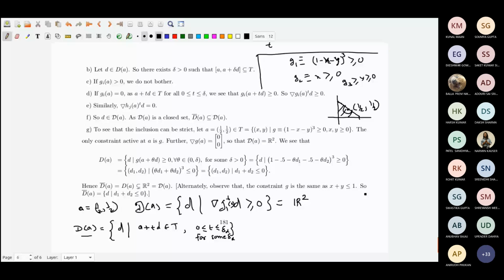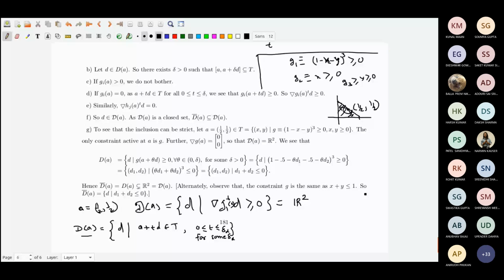If I am looking at a feasible direction like this, or a feasible direction like this, what about the first coordinate? The first coordinate can increase or decrease, it doesn't matter. If you are looking at the first arrow, then the first coordinate can decrease. If you are looking at the second arrow, similarly for the second coordinate. So you cannot say anything. The only thing that you can say is that d1 plus d2 is less than or equal to 0, right?